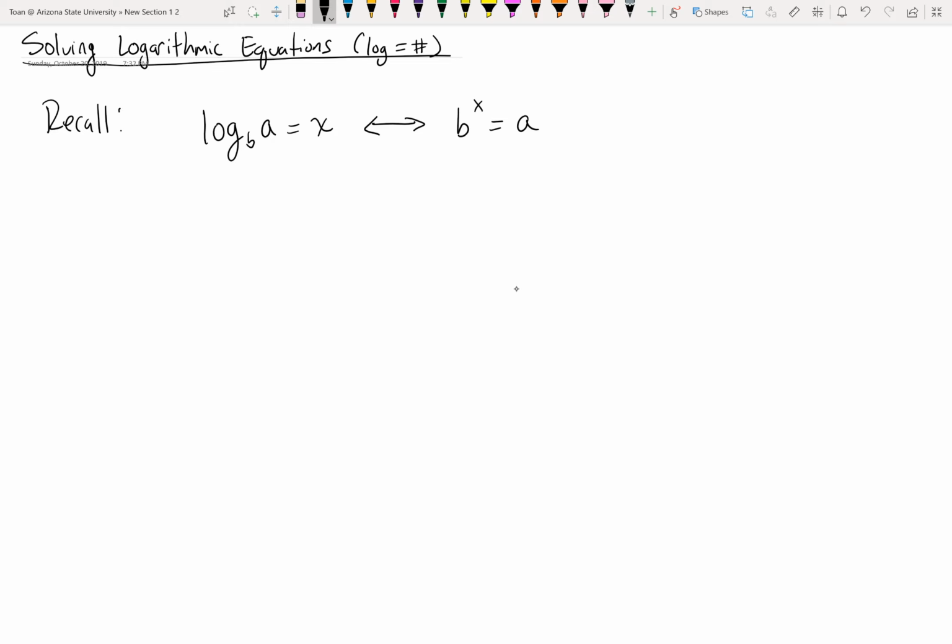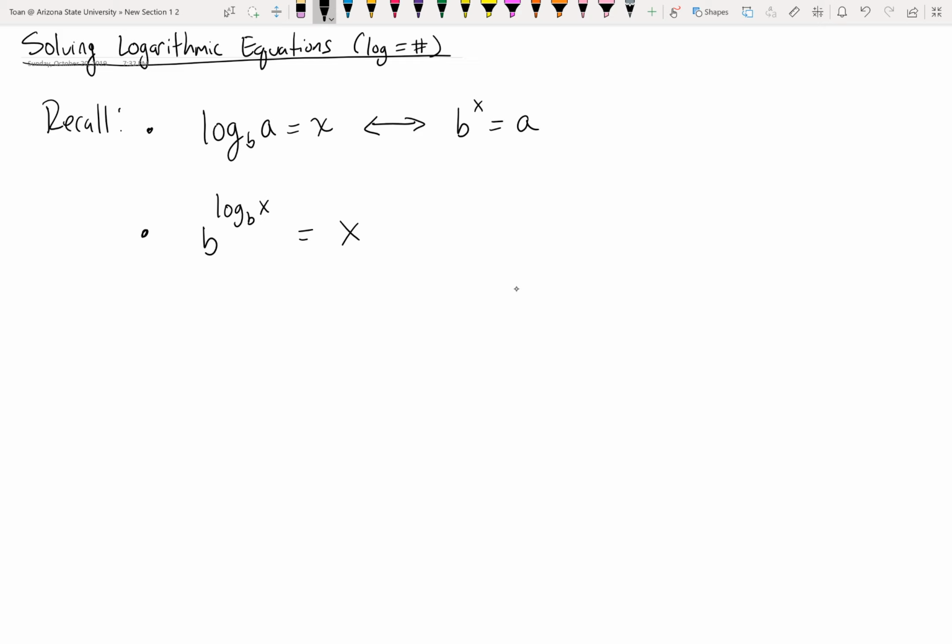solve easily. The other school of thought is exploiting the fact that exponential and logarithmic functions are inverses of each other. So recall that if you have an exponential base raised to a log base of that same number, they sort of quasi-cancel out, leaving you with the original argument.